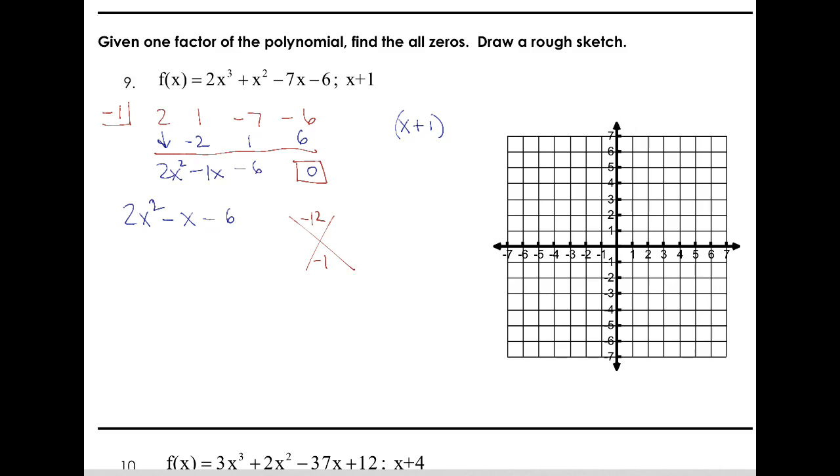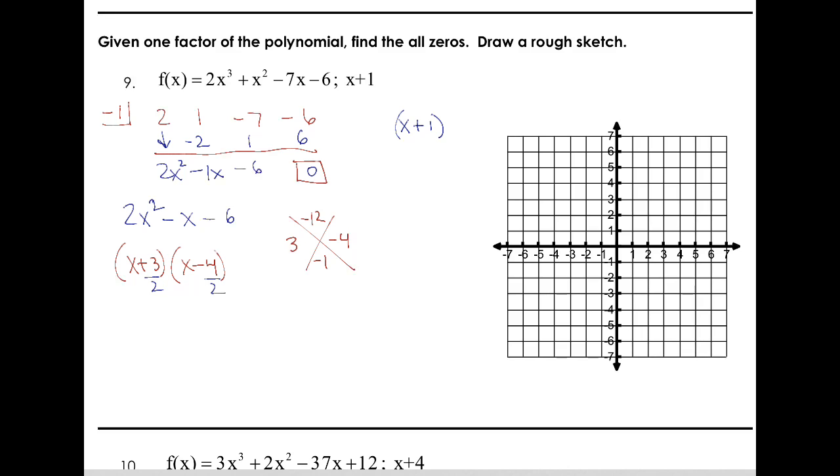Two numbers that multiply to give me a negative 12, but add to give me a negative 1, is a 3 and a negative 4. If I write that out, it's x plus 3, x minus 4. I multiplied by 2, so I've got to divide by 2 to get that 2 back out of there. Does this simplify? No, it doesn't.